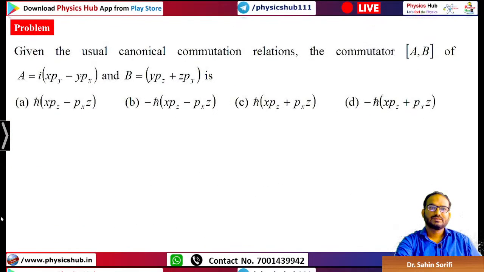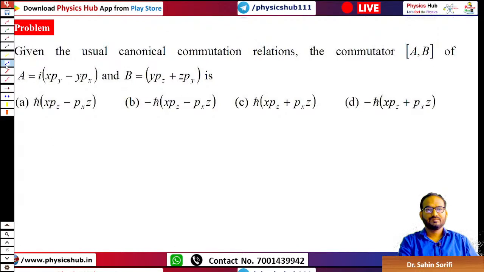Let's do this one. Given the usual canonical commutation relations, the commutator of A and B is... This is a good problem. Try to do it.